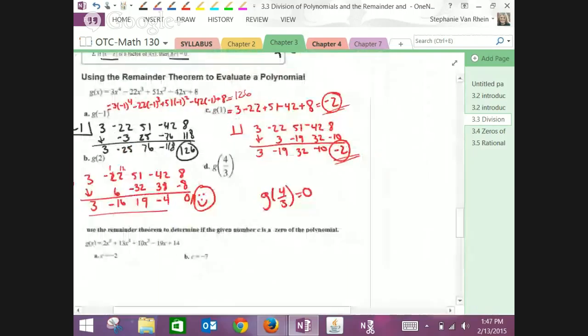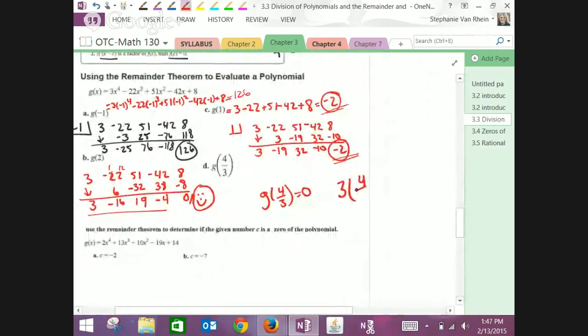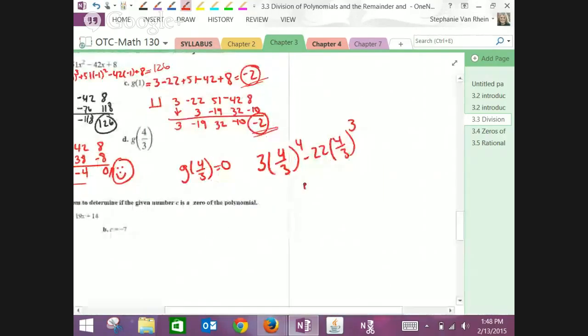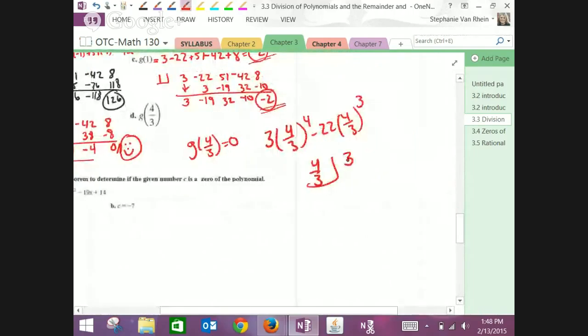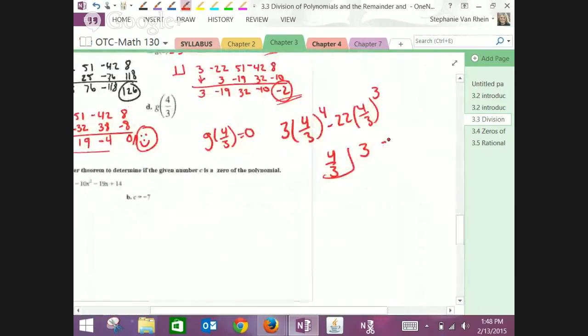If you plugged it in, this is what you're plugging in: 3 times 4/3 to the 4th power minus 22 times 4/3 cubed. It's not necessarily the end of the world, but it's a lot of buttons to hit on your calculator. But here, I take 4/3 and do synthetic division with 3, minus 22, and so forth. 4/3 times 3 is 4, right?